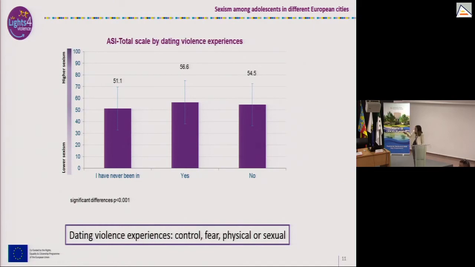Students who have never been in a dating relationship show lower levels of sexism, and higher levels were found in students who have dating violence experiences as control, fear, physical, or sexual.